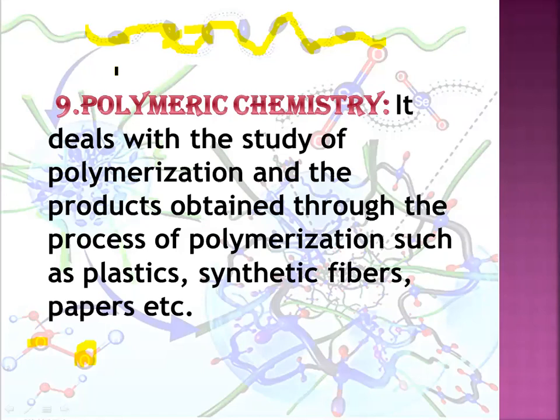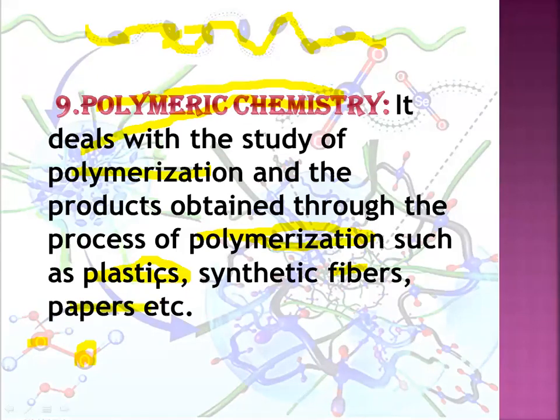Okay, so if you want to study these techniques, this polymerization, you will study polymeric chemistry. I think you now understand what polymerization is. The products obtained through polymerization include plastic, which is one of the biggest examples made with the help of polymerization, as well as synthetic fiber, synthetic meaning man-made, and paper.